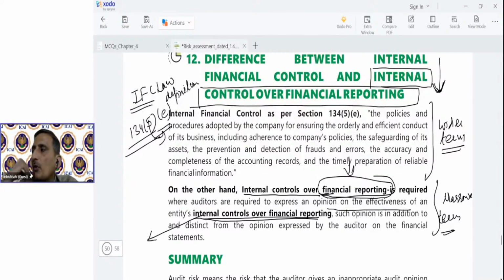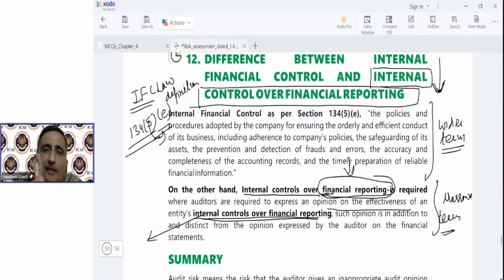So you do not have to go into the nitty gritty of this. This is a very elaborate topic. There is separate guidance prescribed by ICAI relating to internal financial controls only, but at the intermediate level, guys, you have to understand that much only.